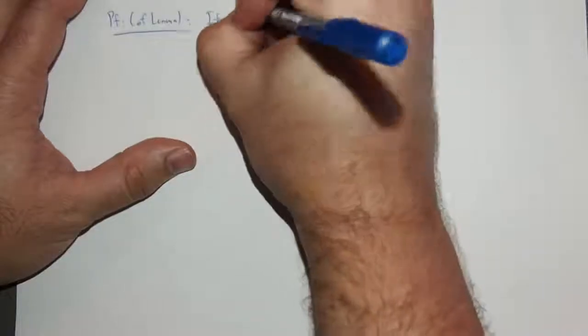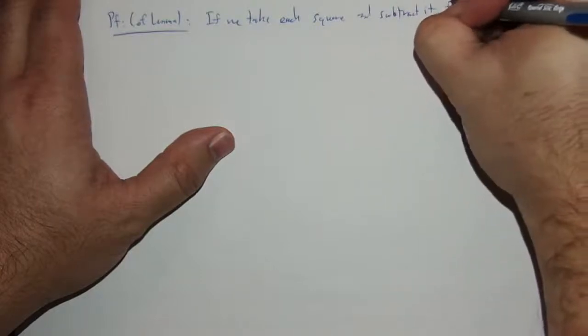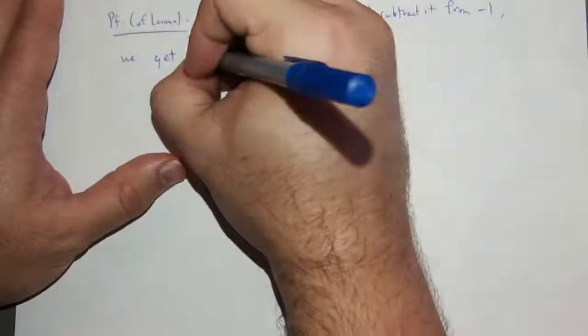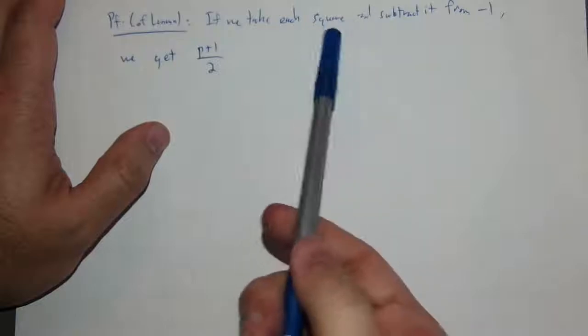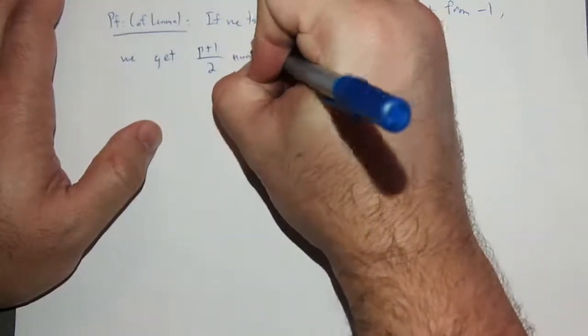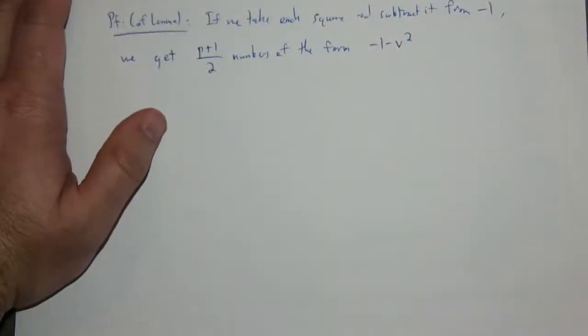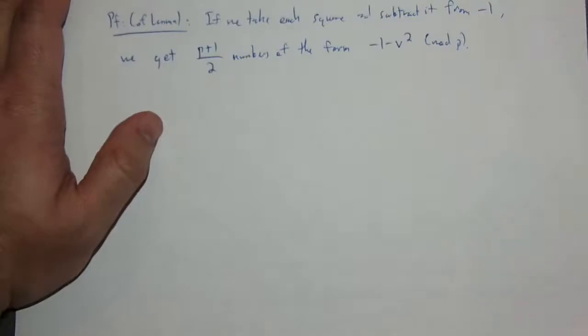Now, this is the proof of the lemma continued. If we take each square mod p and subtract it from -1, we get (p plus 1) over 2 numbers of the form minus 1 minus v squared mod p, because we get one for every such square.